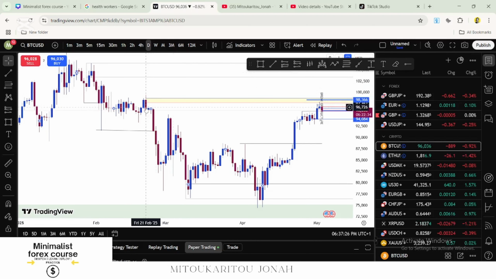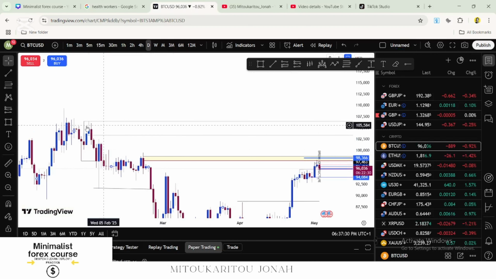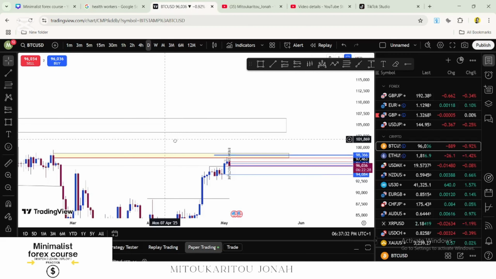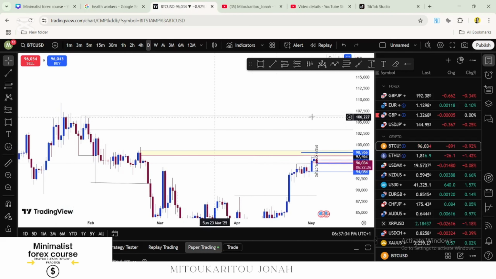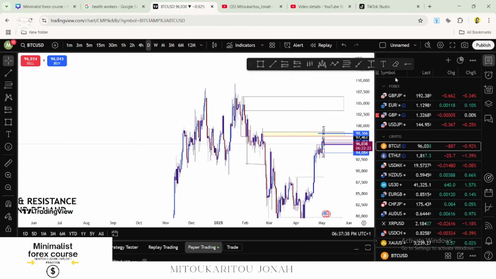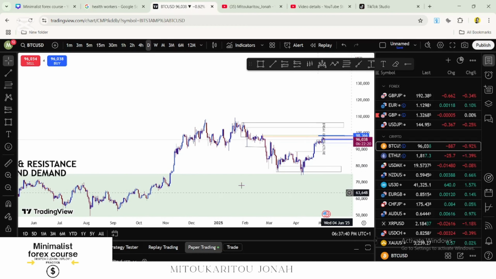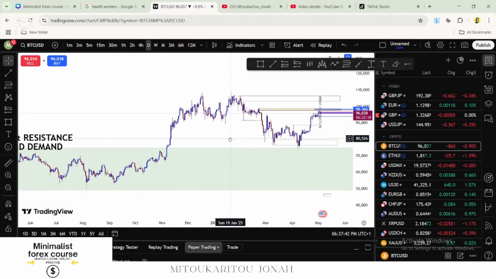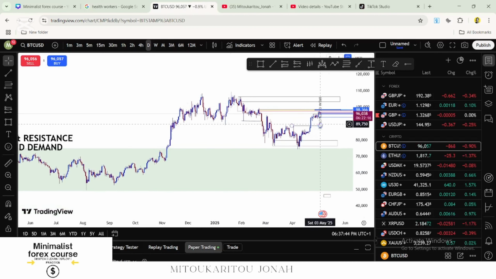If you look up here, you're going to see another supply zone, and price has not touched it yet. And this is Bitcoin. Bitcoin is bullish, but it has been bullish for a while, right? So the market might just come down, gain some momentum, react off that point to create a new lower high and then shoot upward.